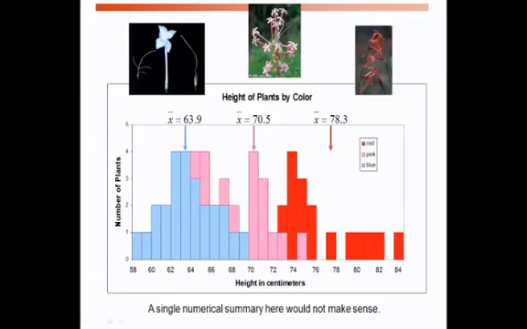You can see that the blue one is quite symmetrical, therefore the mean 63.9 is a good indicator of that. But the pink one is sort of skewed to the right. Similarly, the red one is skewed to the right. Therefore, the mean in those 2 cases is not a good indicator. And we're going to see that.